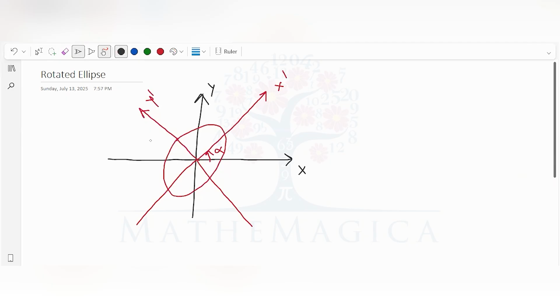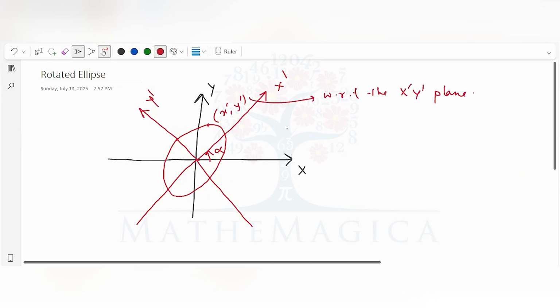So, now we have this rotated ellipse and let's consider a point, which is x prime comma y prime with respect to the x prime y prime plane. Let's say the distance of this point to the origin is r. If I drop a perpendicular on this, then this distance is my x prime, and if I drop a perpendicular onto the y prime axis, then this is y prime.